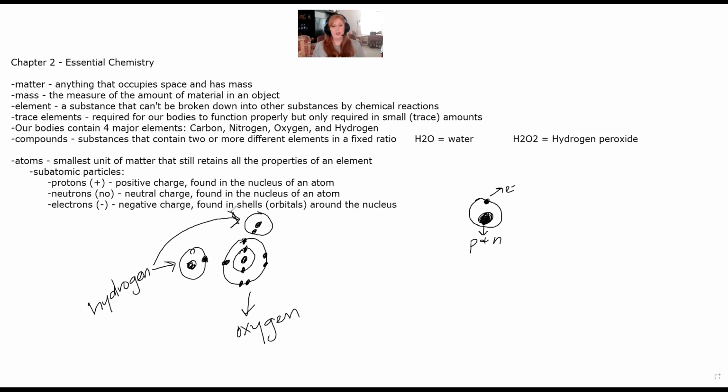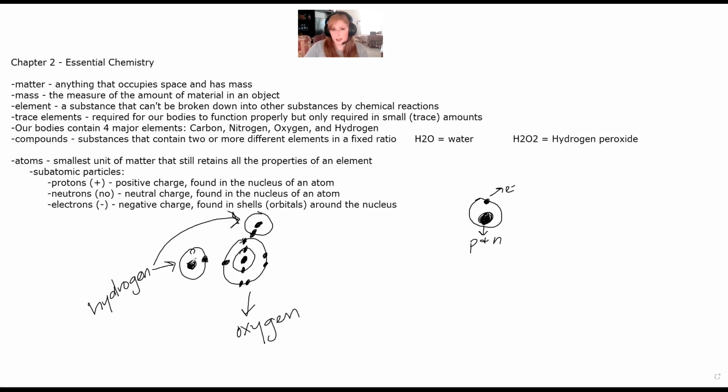Okay, so what's happening is, notice that the nucleus here in the middle is untouched, right? There isn't any way for the nucleus or even the electrons of this oxygen atom to touch this hydrogen nucleus, right? Because those electrons are in these protective shells around it.